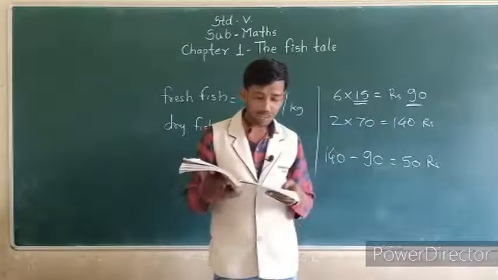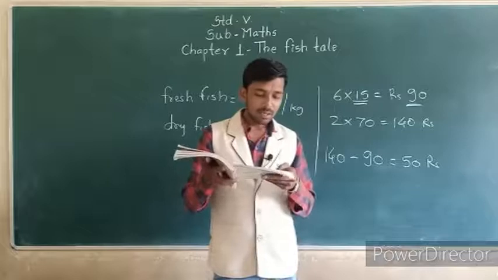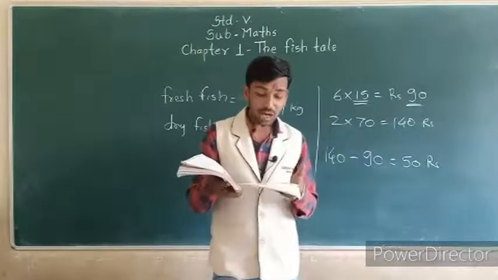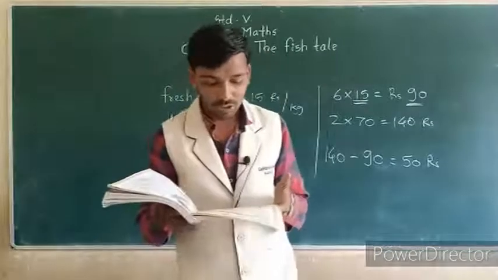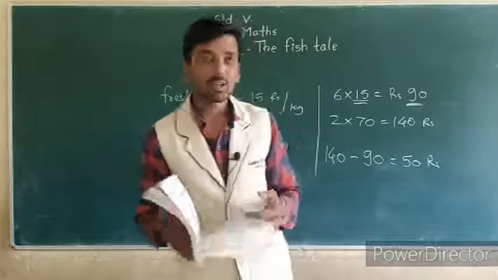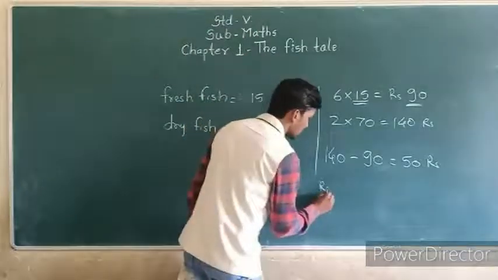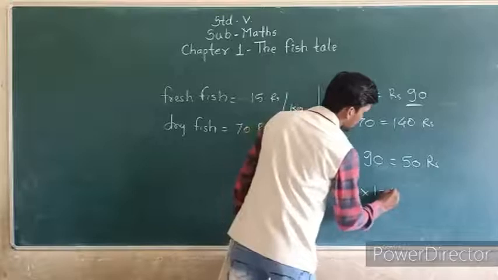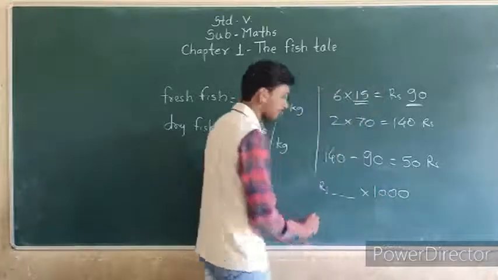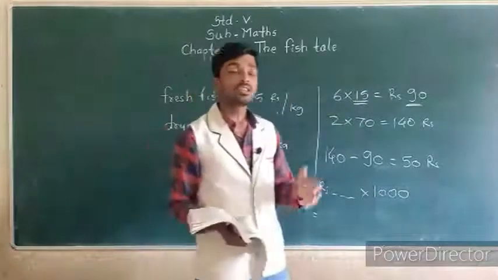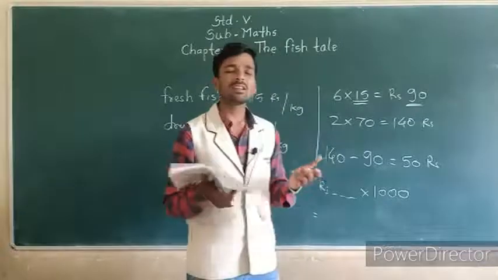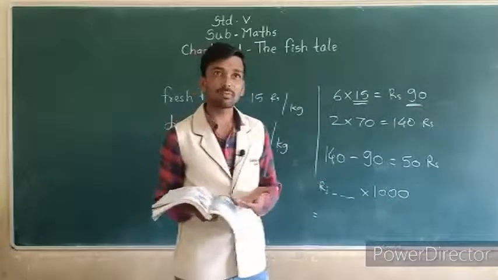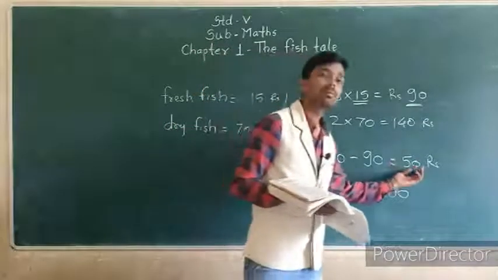Okay. And our next question is, but if we dry 6,000 kg, we can earn how many rupees? When they buy 6 kg of fresh fish, they earn 50 rupees.